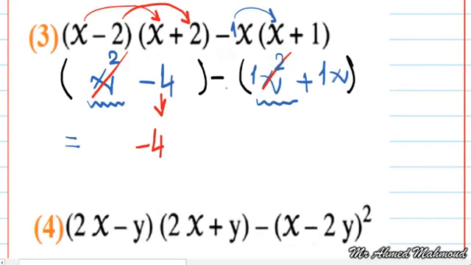And then I'm going to subtract minus positive 1. Again, minus positive 1. Negative positive equals negative 1x. Don't forget to cancel this sign, this one, because we have x here. Okay, the next example.